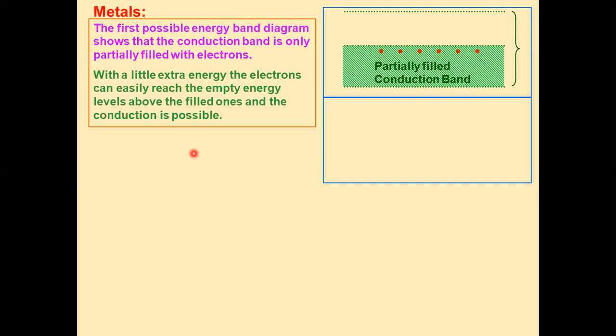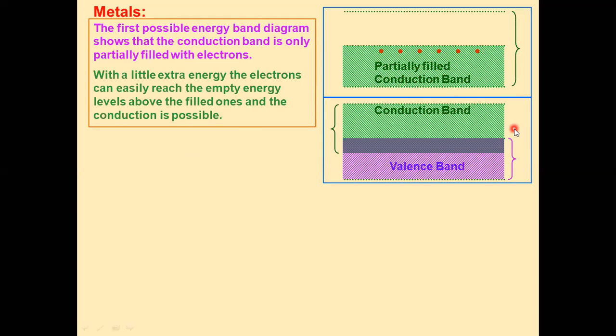In case of metal, the first possible energy band diagram shows the conduction band is only partially filled with electrons. With a little extra energy, these electrons easily move into the higher energy levels in the conduction band.